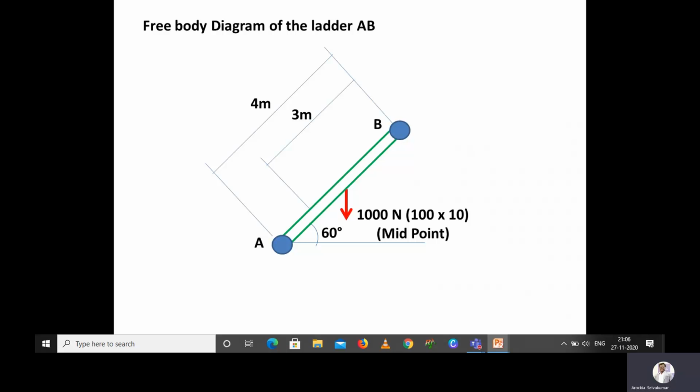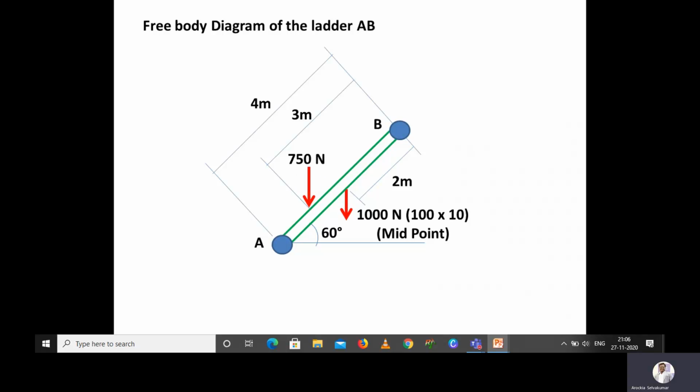We know very well that the total weight of the ladder is 100 kg. Here I am multiplying by 10 to convert it into Newton. Otherwise you can multiply it by 9.81 as we discussed in the class. The weight of the ladder will act exactly at the center of the ladder, so the distance between the weight and the point B or A is equal to 2 meter.